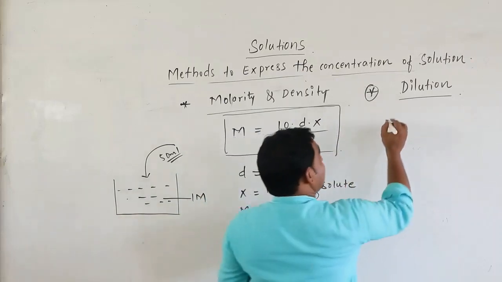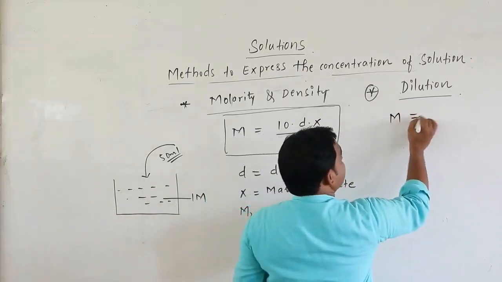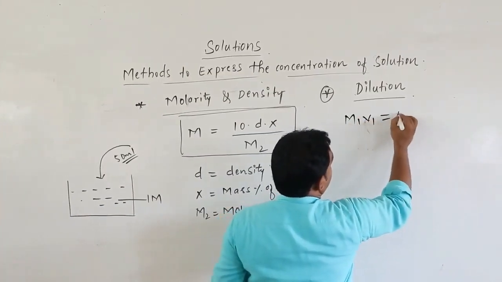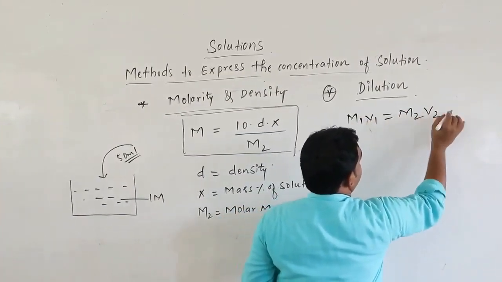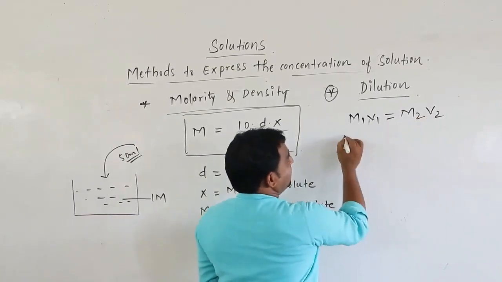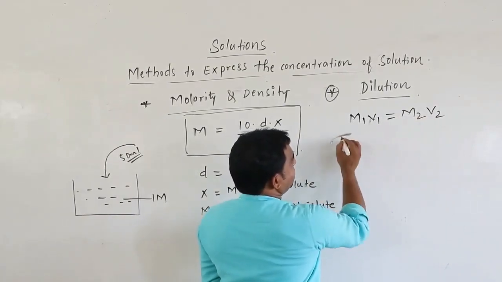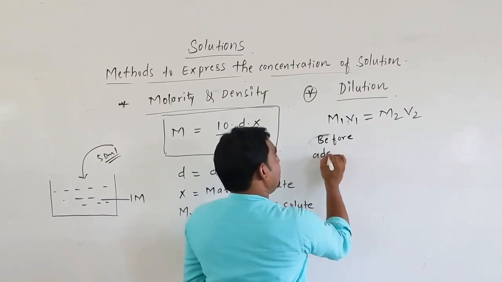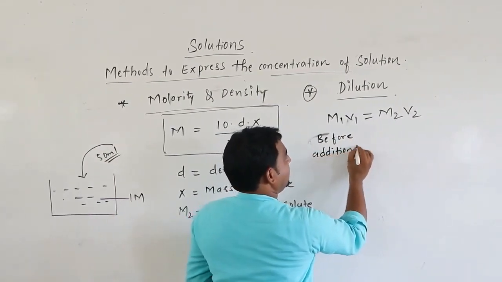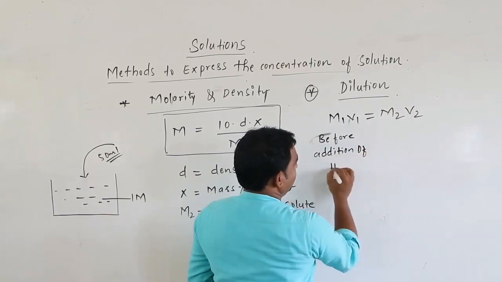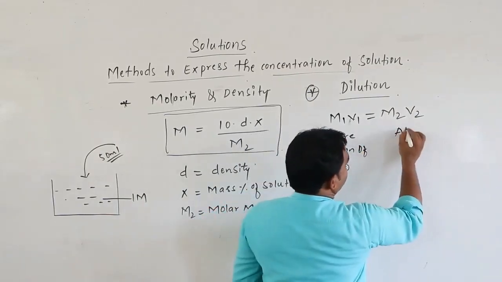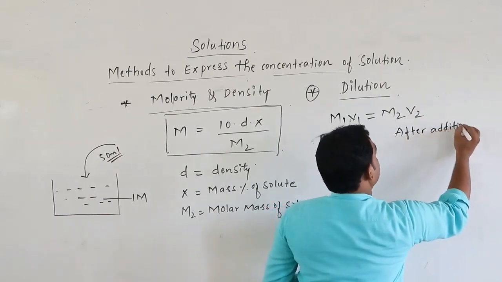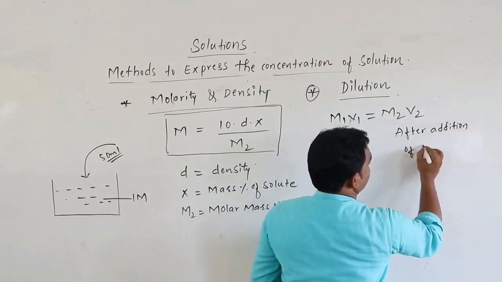In such cases we use another formula after the dilution: M1 V1 is equal to M2 V2. M1 V1 means before addition of water, and M2 V2 is after addition of water.